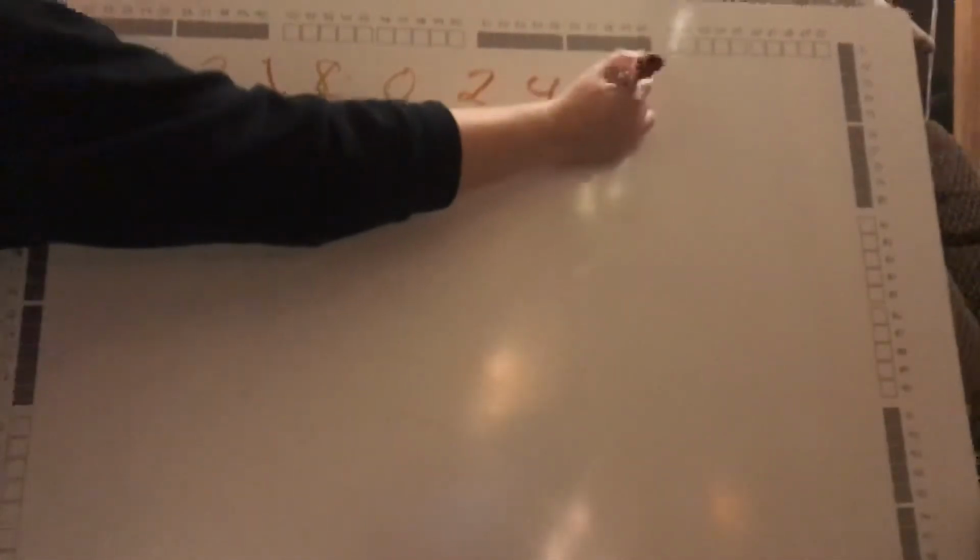Okay, so the first example they give us is a series of numbers, and they are 2, 1, 0, 8, 0, 2, 4, 3, 4.